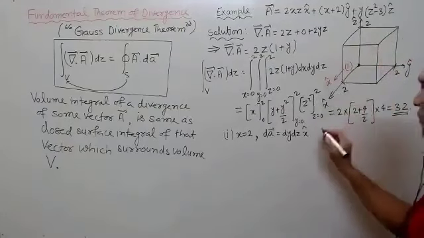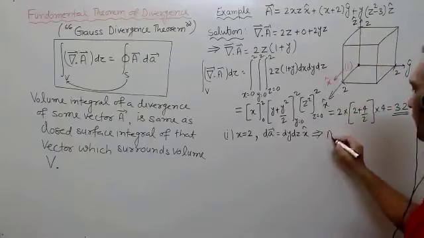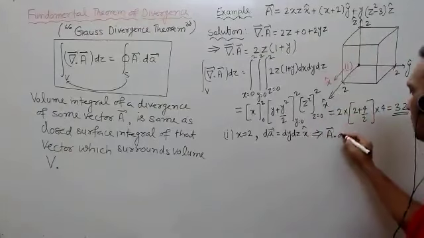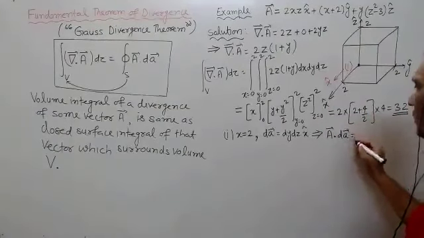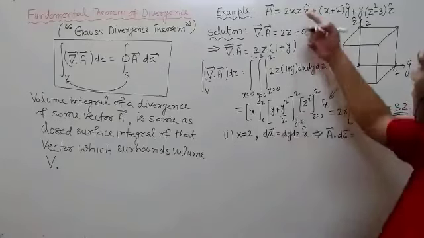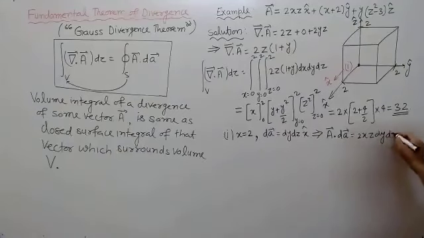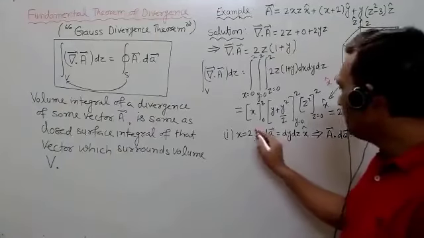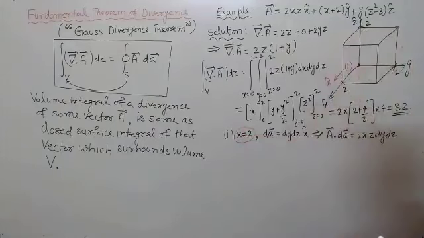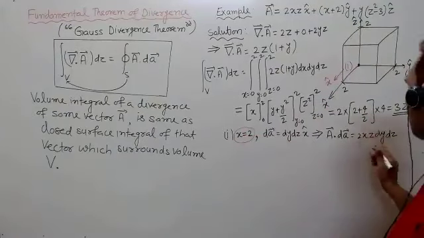This is dA over surface 1. And then find A dot dA. If you take dot product with x cap, you will get this term, that is twice xz dy dz. And x is 2 here. So you have to put x is equal to 2.